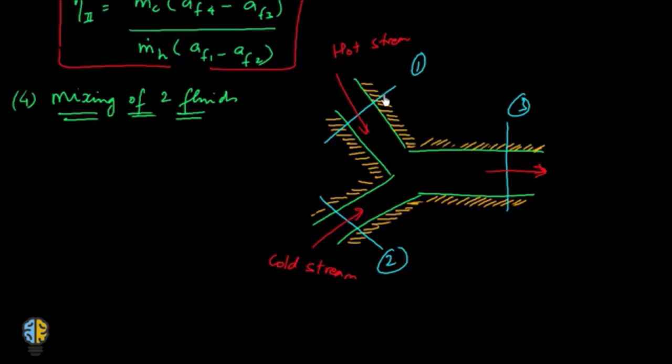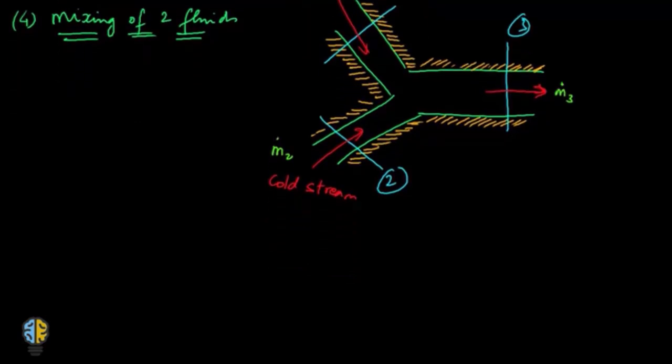So let's give it a name. So let us say hot stream is flowing with a mass flow rate of m1 dot. The cold stream flows with a mass flow rate of m2 dot, and the mixture comes out with a flow rate of m3 dot. Okay, so now as per this particular diagram, let us write down the general rate equation of the exergy balance for this mixture. So you'll have 1 minus T naught upon T sigma into Q dot upon m dot.